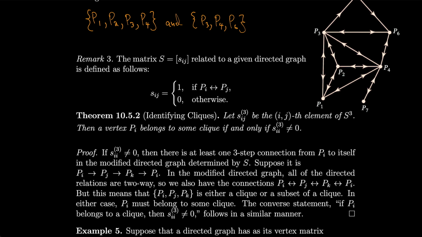So we also have the connections Pi goes to Pj, which also goes to Pk, which also goes to Pi, and back. But this means that Pi, Pj, and Pk is either a clique or a subset of a clique. In either case, Pi must belong to some clique. The converse statement, if Pi belongs to a clique, then S_ii^(3) is not equal to 0, follows similarly. You could prove the converse, and then you get both, and that's how you get your if and only if.